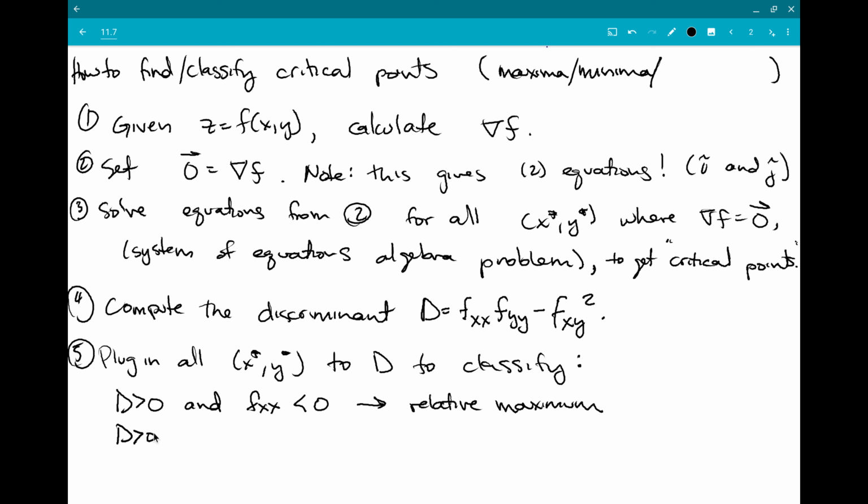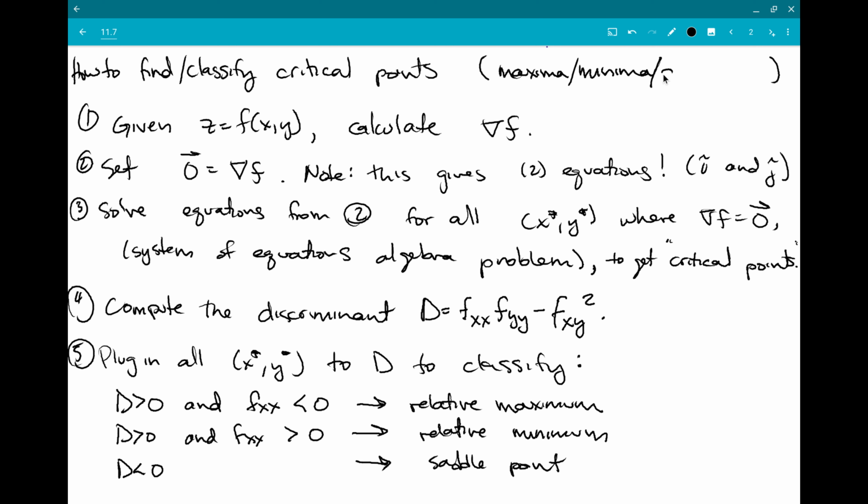If D is greater than 0 and f sub xx is greater than 0, that's a relative minimum. If D is less than 0, that's what's called a saddle point. That's that third kind of important point.